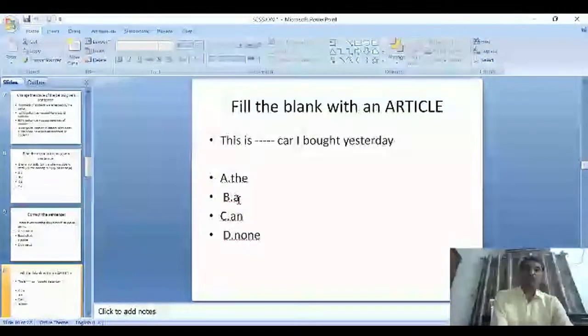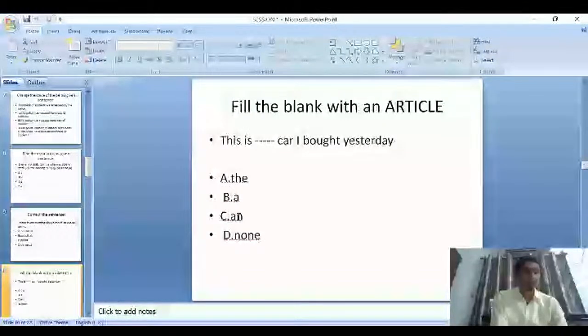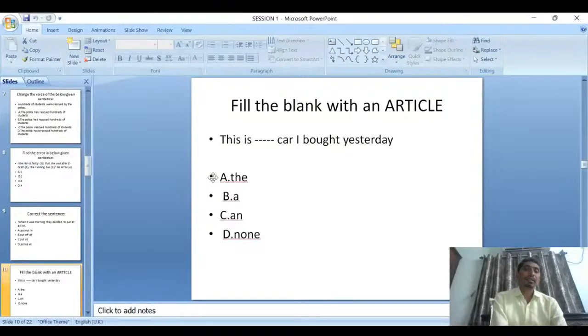As we all know, a is used before a consonant sound, an before a vowel sound, and the is used to mention specific things. So here, this is the car I bought yesterday. We are talking about the car which I bought yesterday, right? Based on that, option A, the article "the", is the correct option.